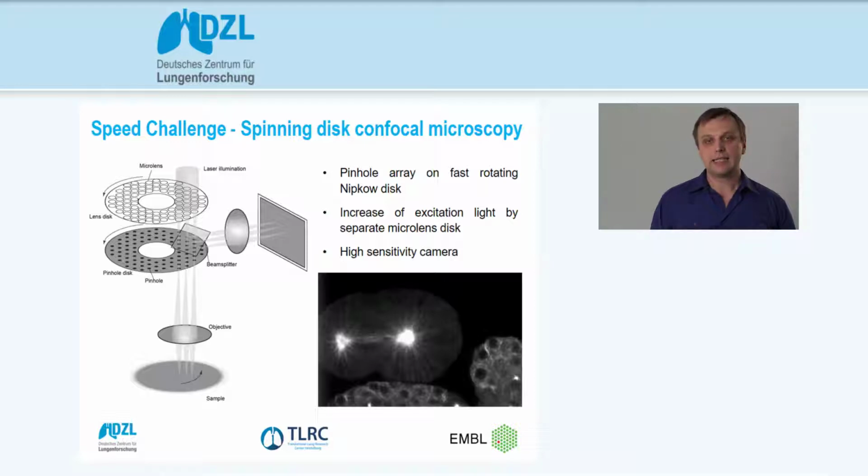We will excite several pinholes at the same time, and by that capture information from several pixels at the same time. Another advantage of this technique is that rather than having point detectors, we will use camera systems, which in general have higher sensitivity, and by that we can reduce the amount of light with which we expose our sample.